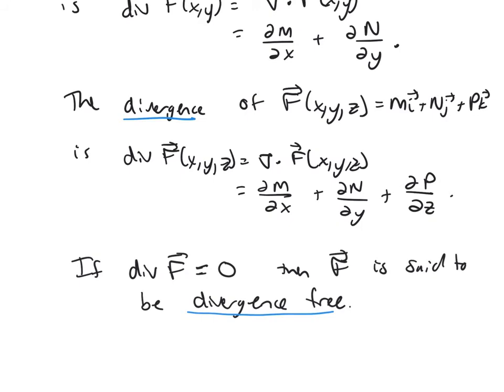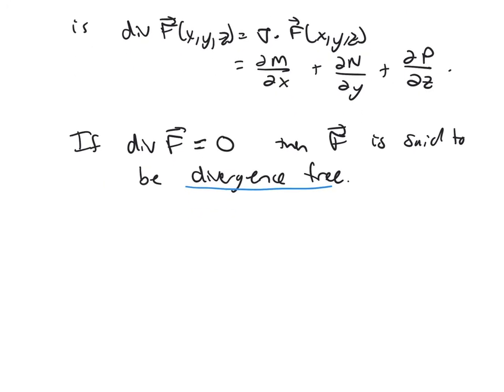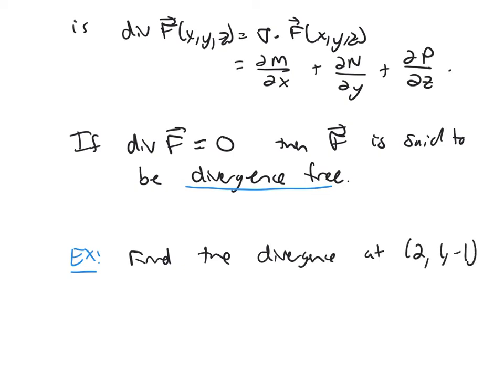Okay, so let's look at an example here. Let's find the divergence at the point (2, 1, -1) for the vector field F. Let me go ahead and move that to the next line.